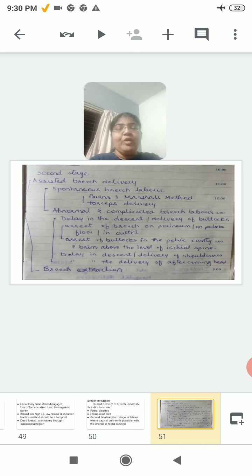You may go with the two methods. Either you go for the assisted breech delivery or you go for the breech extraction. Assisted breech delivery is again of two types: spontaneous breech labor, and the abnormal and complicated breech labor. Spontaneous breech labor again can be done by the Burns Marshall method or by forceps delivery.